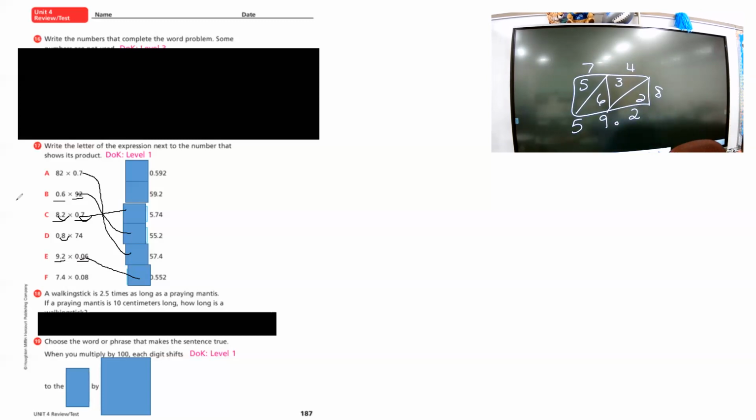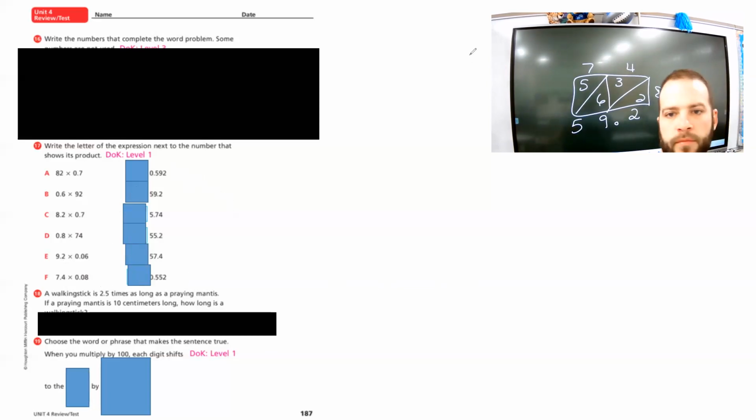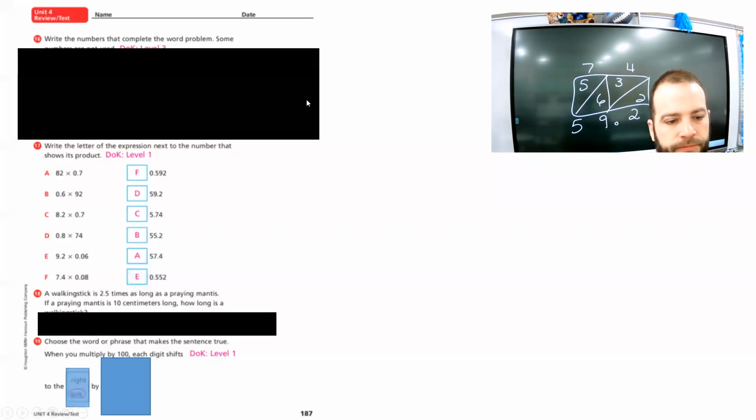So that one's 59.2. And then the last one here has 3 decimal numbers after it, so the answer has to have 3 decimal numbers after it. Boom. So that answer should be like that.